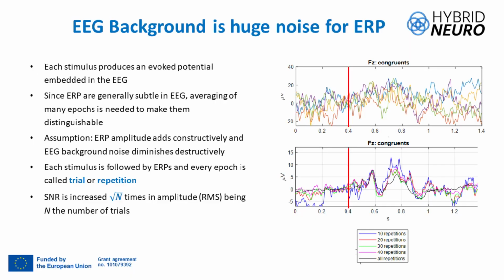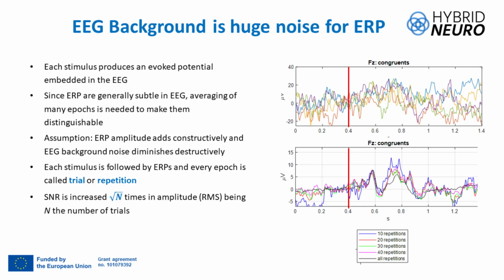So in this signal you cannot see anything, as I mentioned and showed before, because of the EEG background. Each color is each trial. Here is the stimulus, an auditory stimulus.